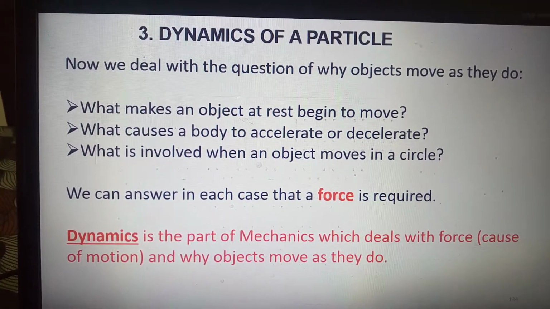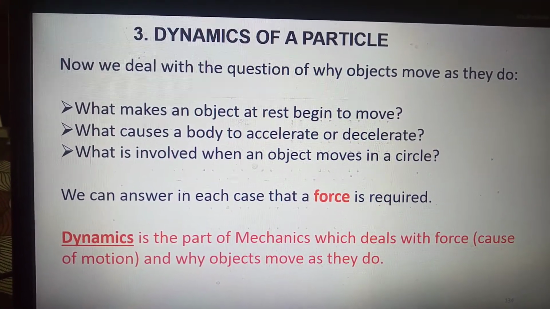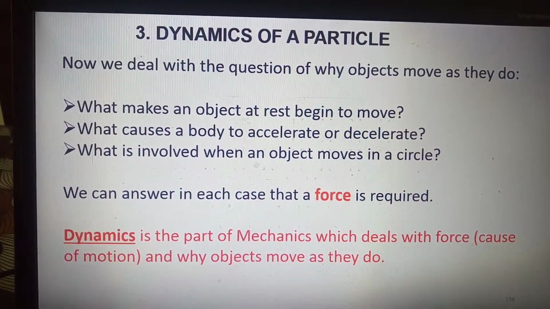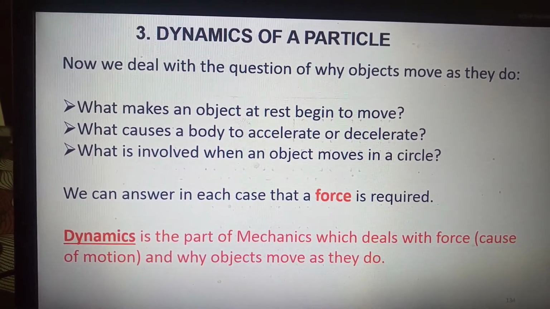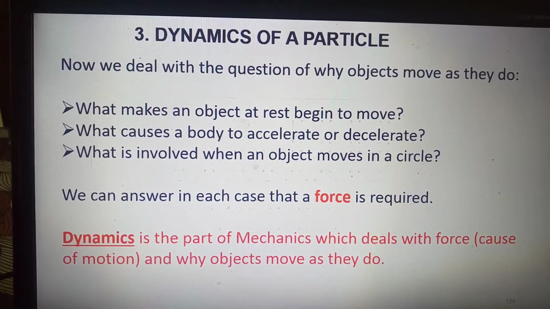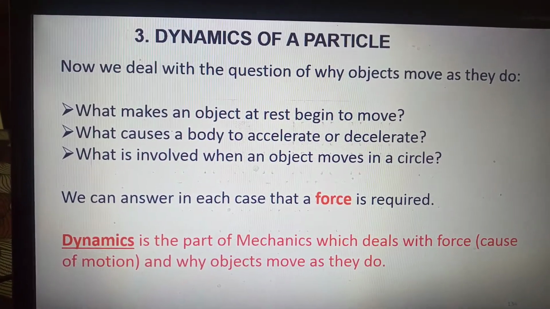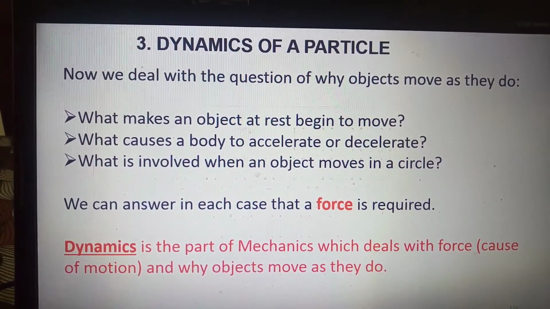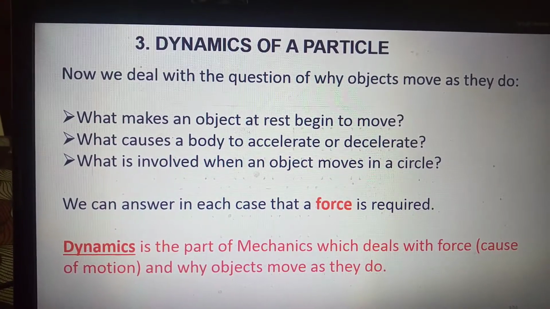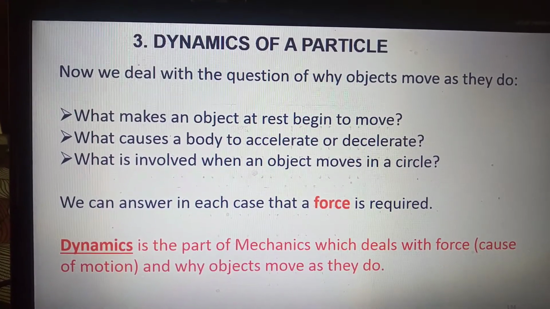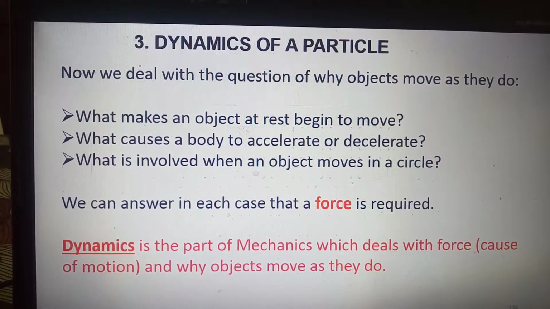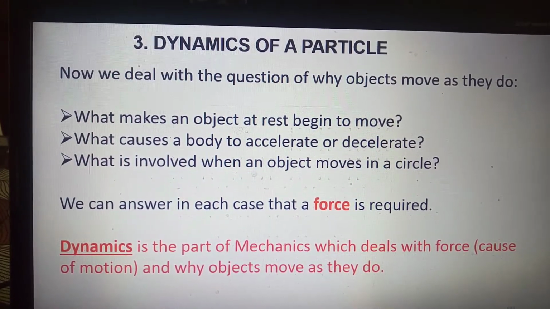It means that a force, a push or a pull on an object, is needed to change the state of rest or the state of motion of a body. Here, the state of rest means when a body is not moving at all, the body is said to be at rest.